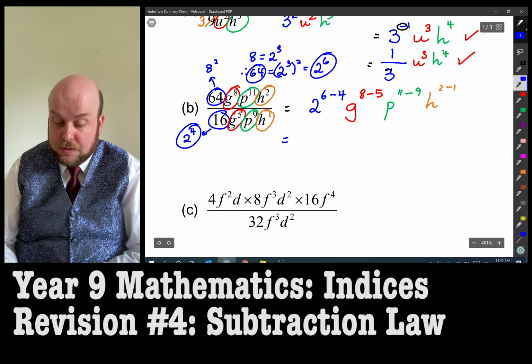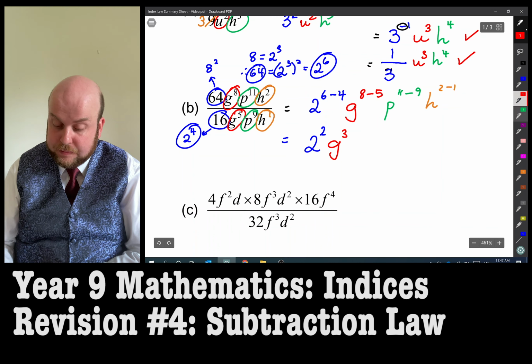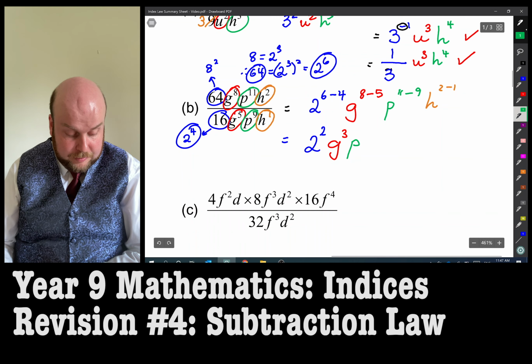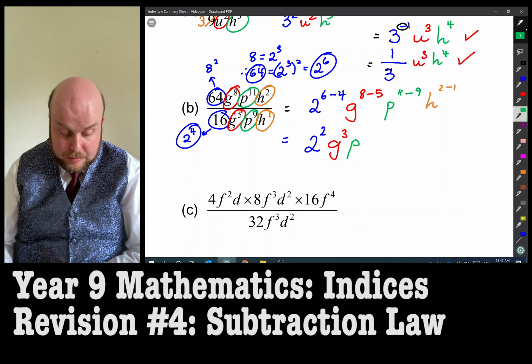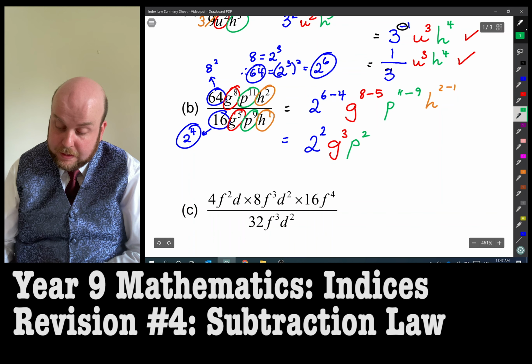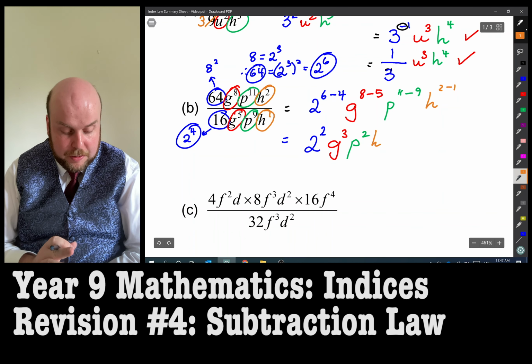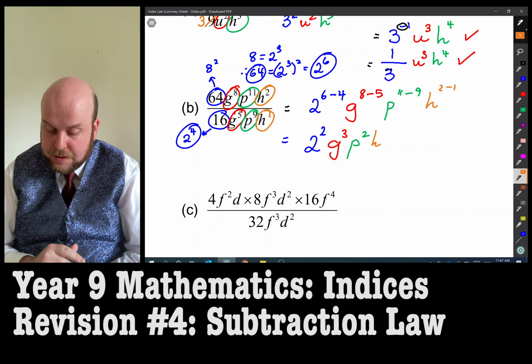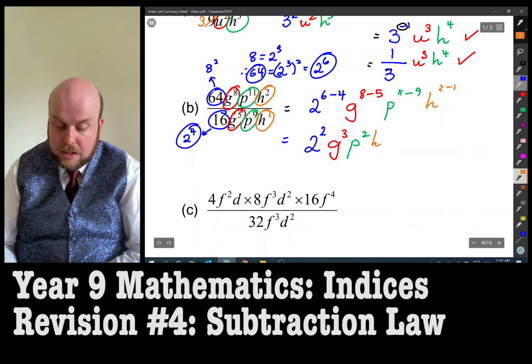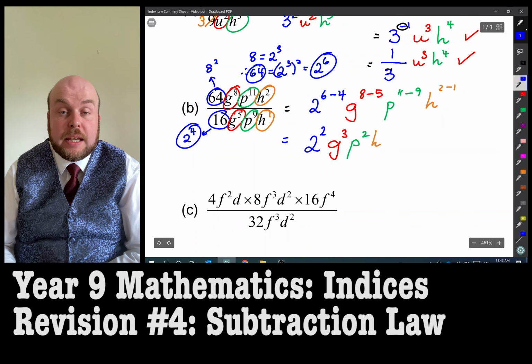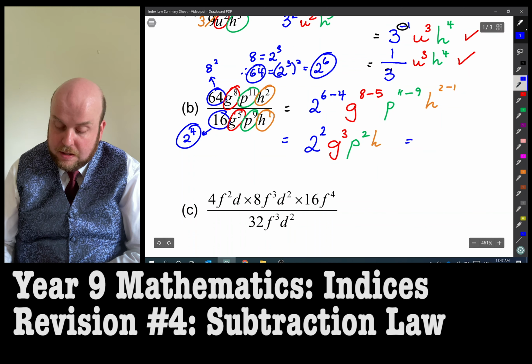And this becomes 2 squared, g cubed, p squared, and h, because h to the power of 1 would just be h. Of course, 2 squared can also be expressed as 4.